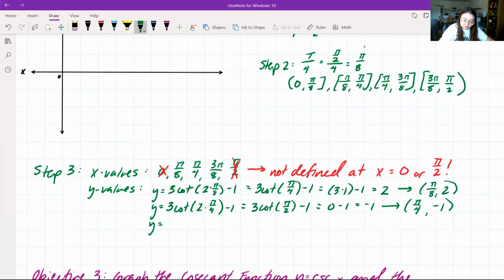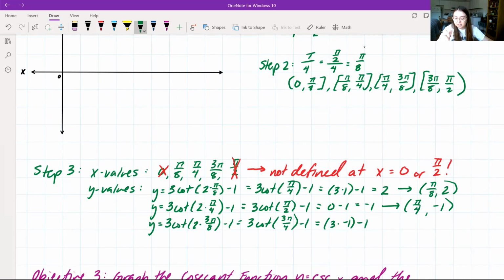Then our last value that we're finding here is 3 cotangent of 2 times 3 pi over 8 minus 1. This gives us 3 cotangent of 3 pi over 4 minus 1, which is equal to 3 times negative 1, since cotangent of 3 pi over 4 is negative 1.